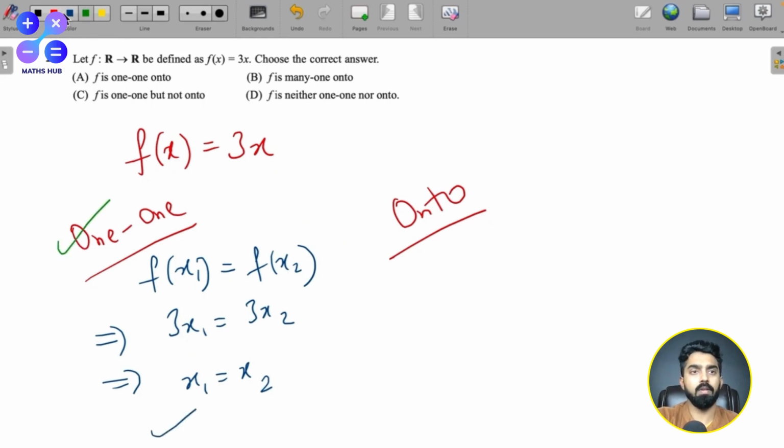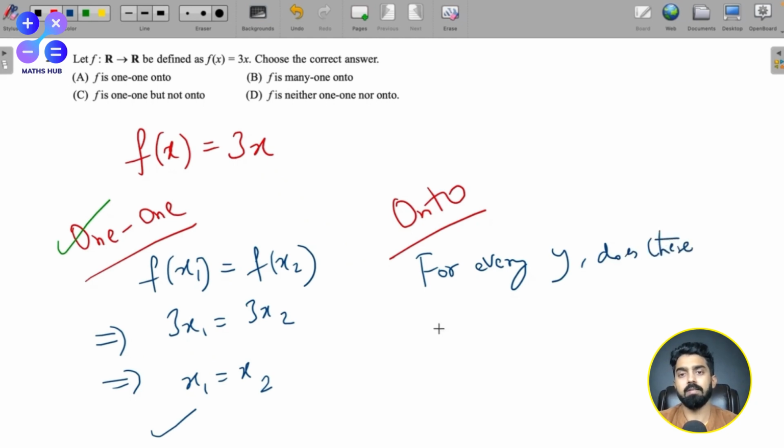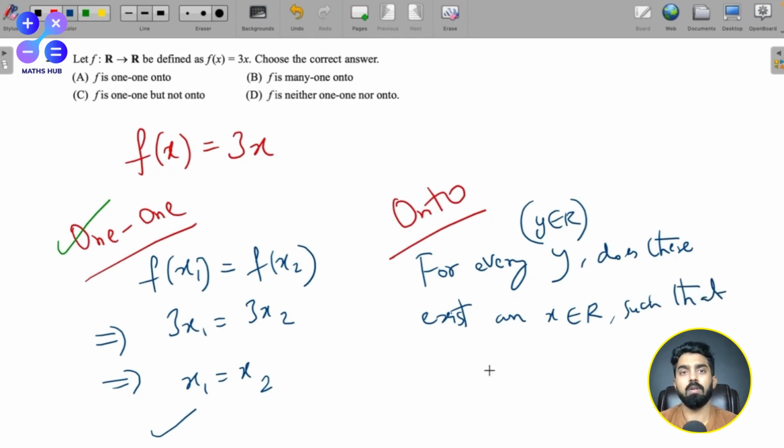That's true. Now is it on to? For every y belongs to R, does there exist an x which belongs to R such that y equals 3x, which means x equals y by 3, right?